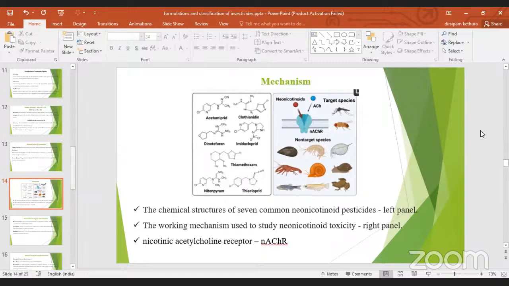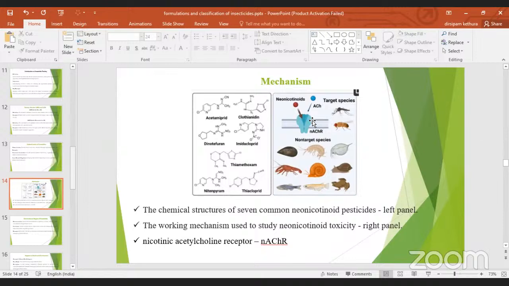And towards the left side, you could see the mechanism to study neonicotinoid toxicity. Okay, how these neonicotinoids act on the receptors of the vertebrates and in the invertebrates, and how it causes damage to the insects. All these things will be given.